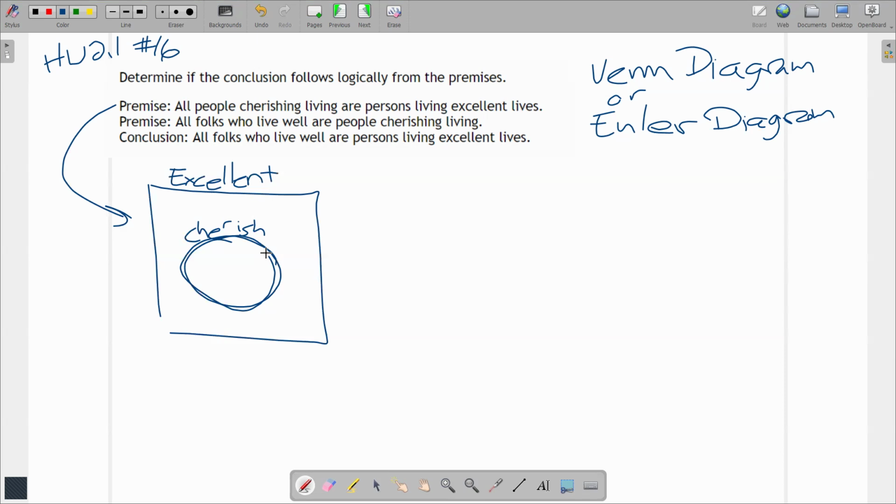That premise could be reworded. And when you read the book, you'll read there's lots of ways to state conditionals. So I could restate that premise as something like, if a person cherishes living, then the person lives an excellent life.